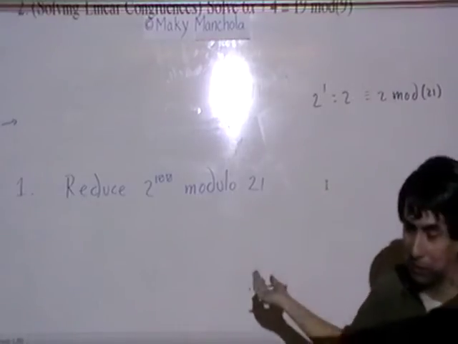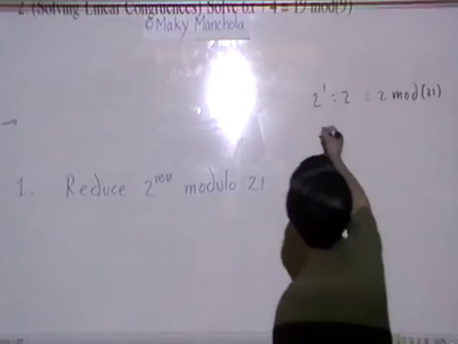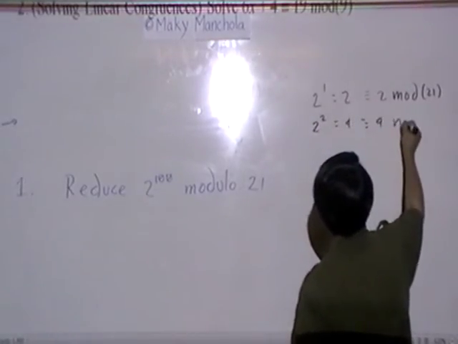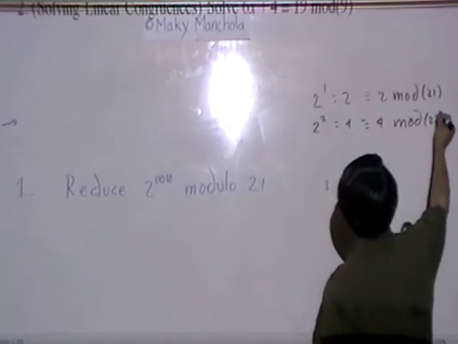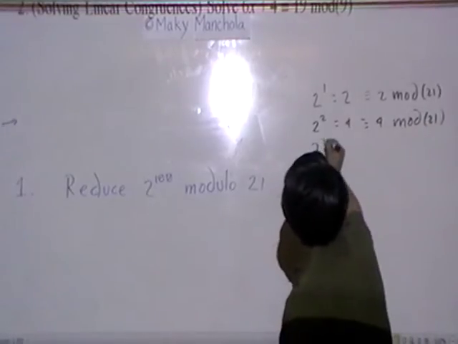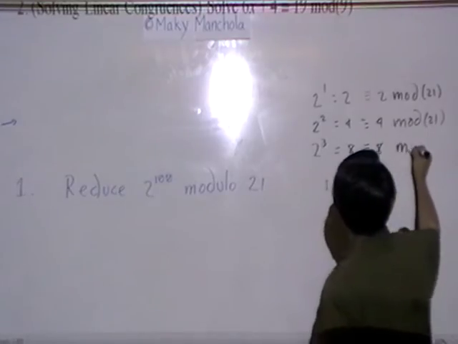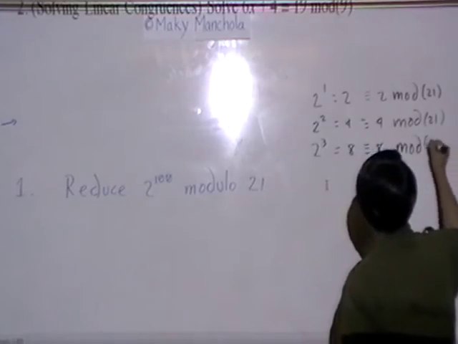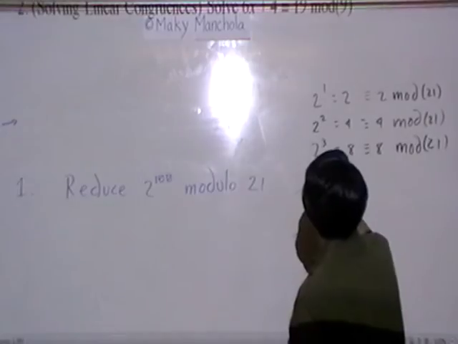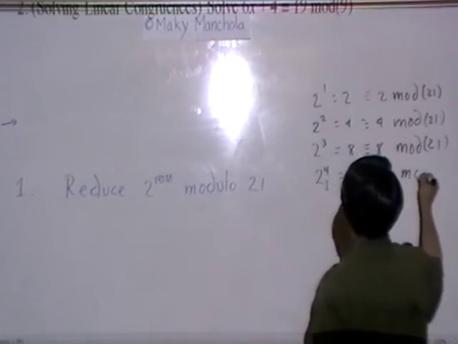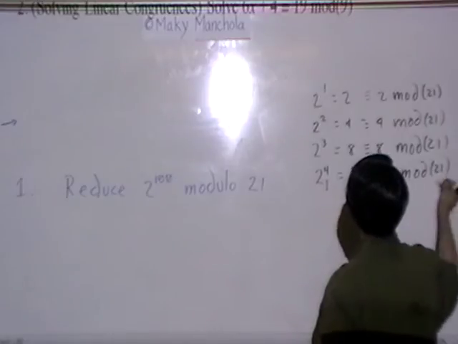The quotient will be 0, the remainder will be 2. 2 to the second is 4, which is congruent to 4 mod 21. 2 to the third equals 8, which is congruent to 8 mod 21. 2 to the fourth is 16, which is congruent to 16 mod 21.